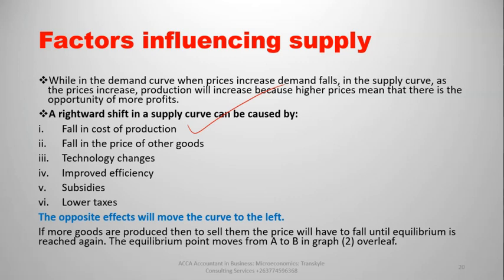Then a fall in the price of other goods. When the price of other goods is falling, suppliers are motivated to produce more.